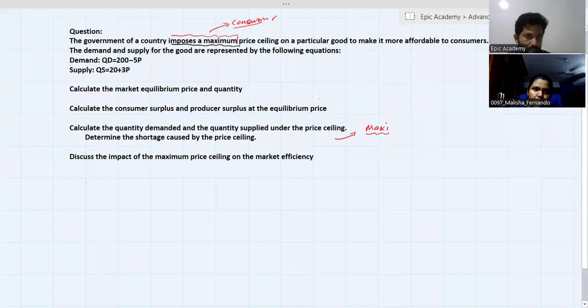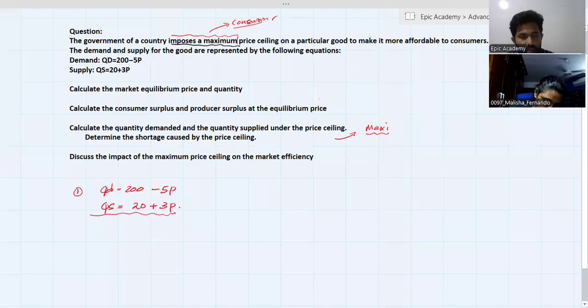First of all, write down the equations again. QD equals 200 minus 5p, and QS equals 20 plus 3p. Those are the equations we have been given already.